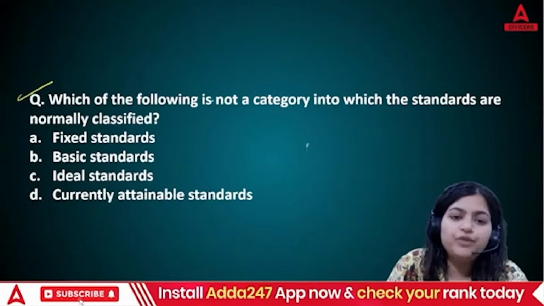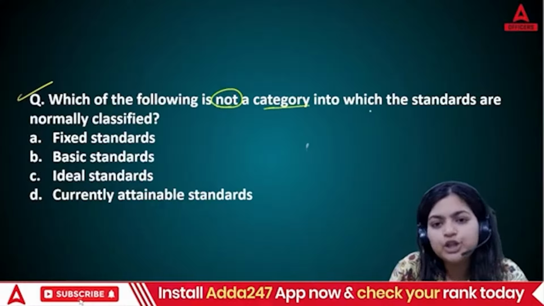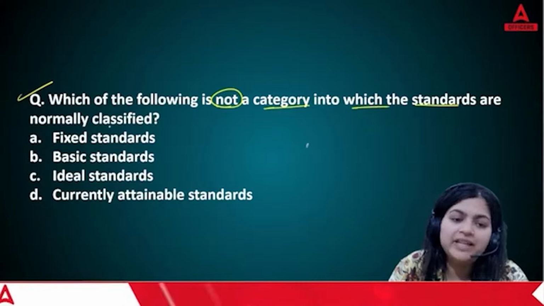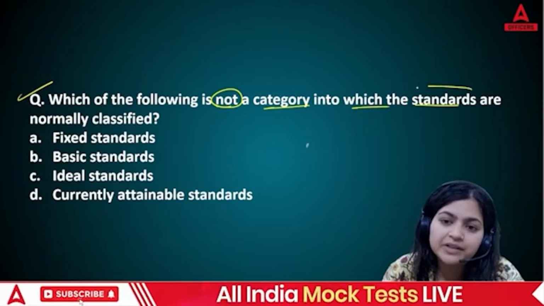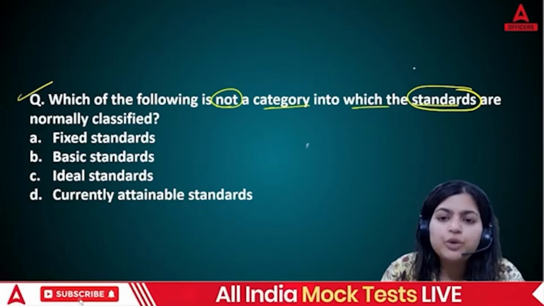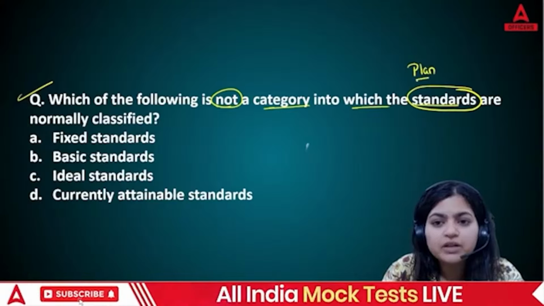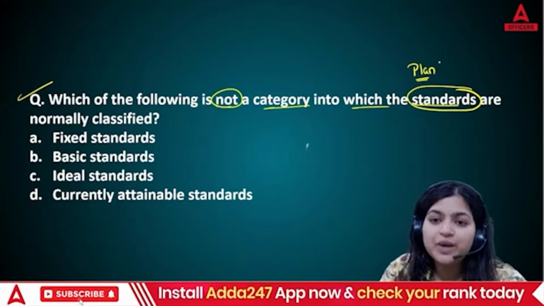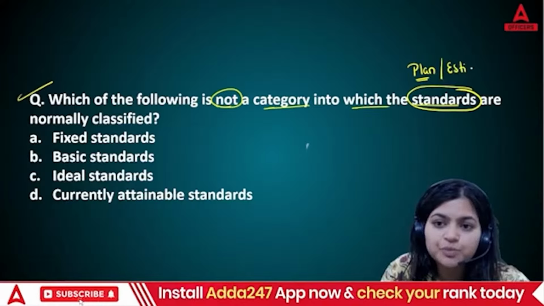Now, which of the following is not a category into which the standards are normally classified? Now, what are standards? Before starting your business, or before starting any new financial year, you are going to make a plan. Here you are going to estimate about your expenses.